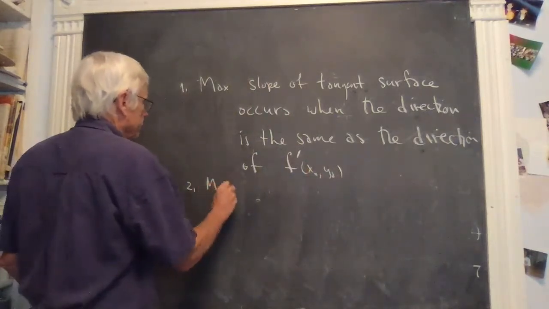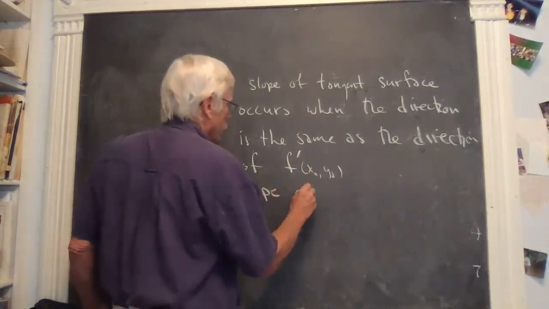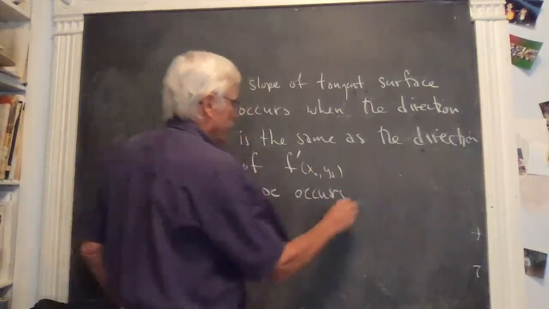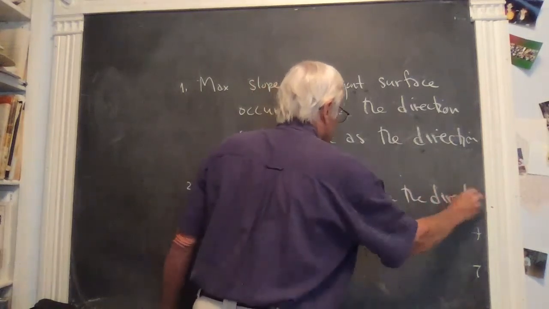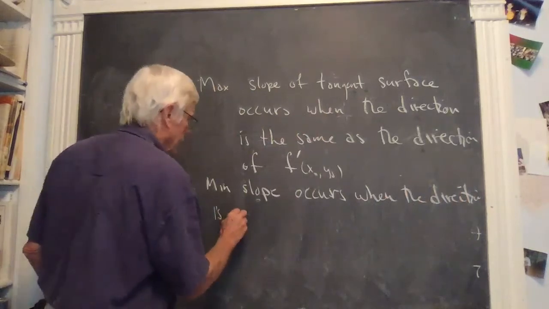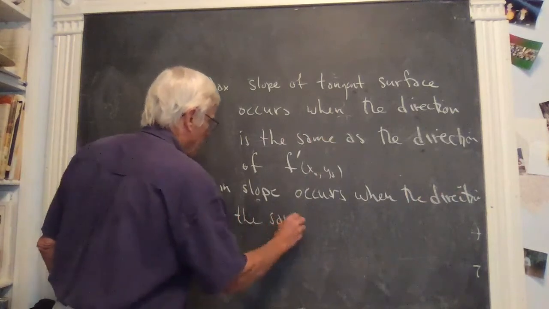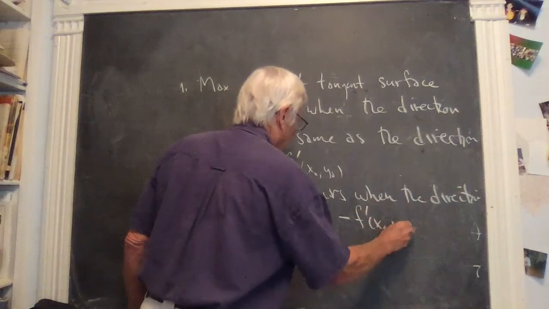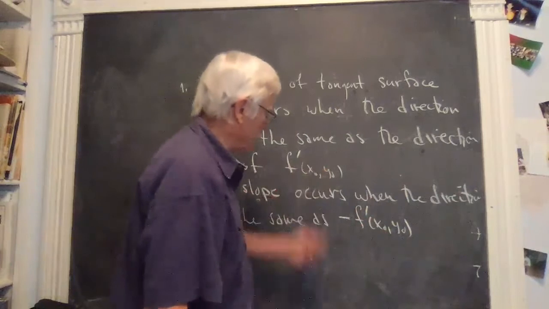Minimum slope occurs when the direction is the same as minus f prime of x naught. So this is a vector. It has a direction, a unit vector in that direction.